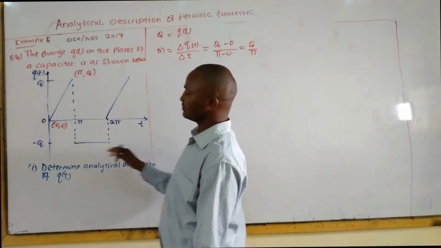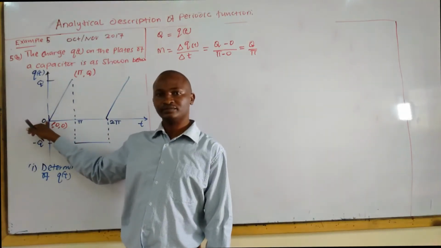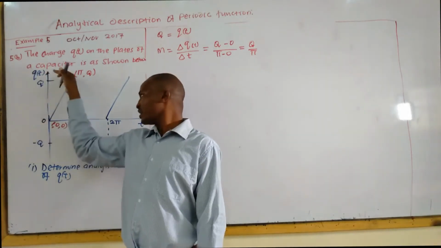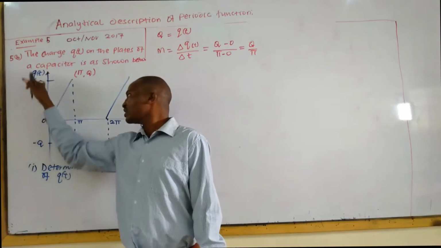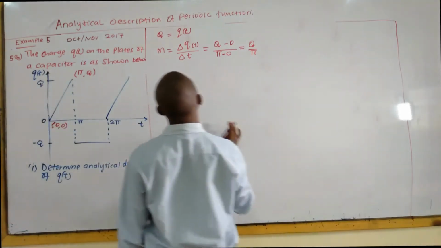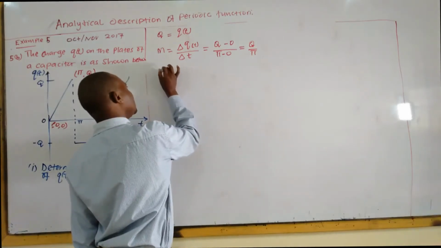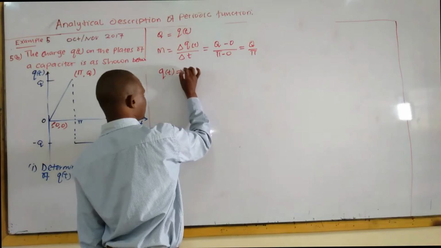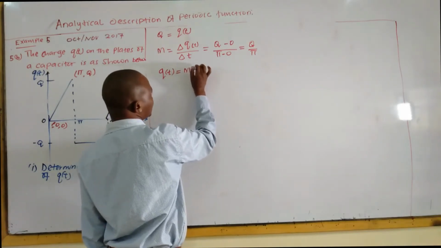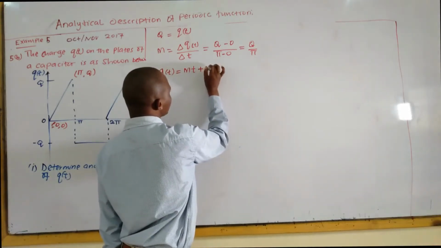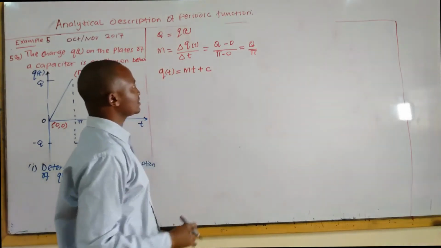The q-intercept is 0, because the curve is cutting the Cartesian plane at point 0, 0. We know q of t will now be equal to mt plus c. m is the gradient.